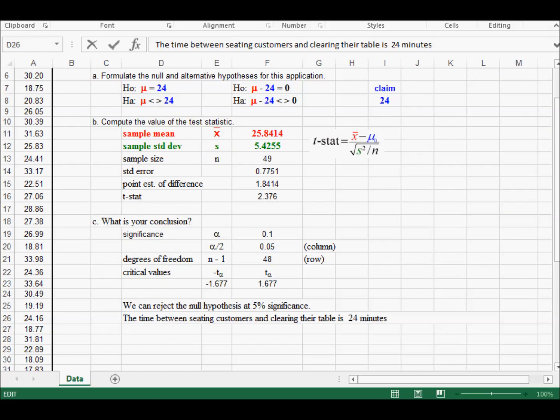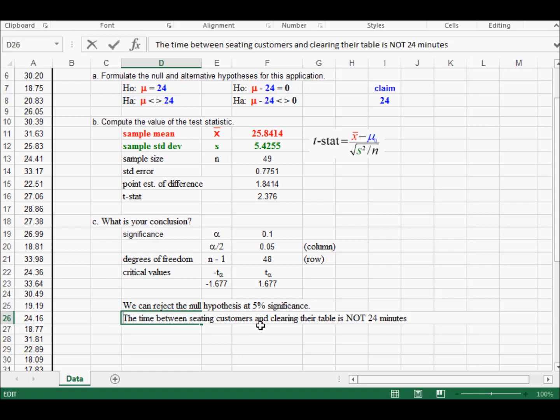Okay, so I have copied and pasted the null hypothesis from the problem into this cell here. To make it the alternative hypothesis, I have to type not. So now we have the alternative hypothesis. The time between seating customers and clearing the table is not 24 minutes.